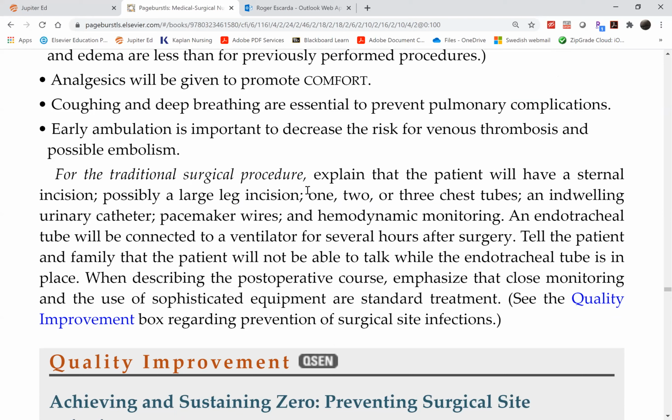Now the incisions, like as I mentioned earlier, besides the sternal incision, if the blood vessels that we're using for the graft are from the leg, the patient will have at least 2 leg incisions. There's 2 because they get the vein endoscopically.